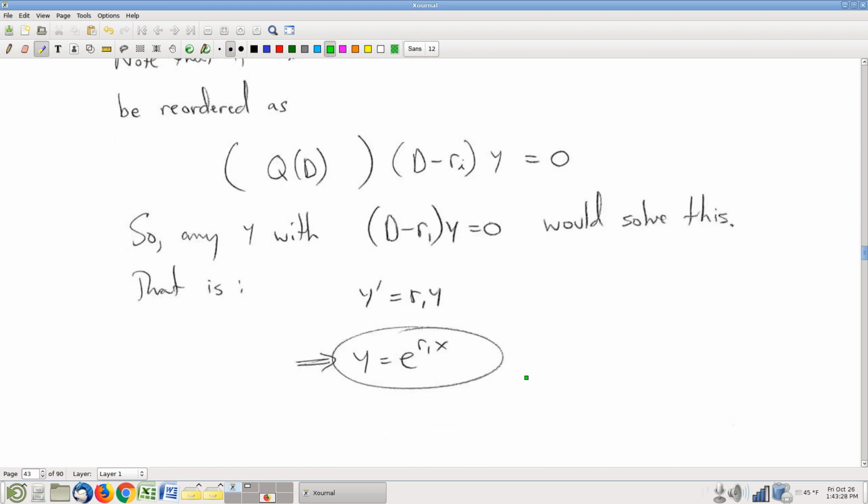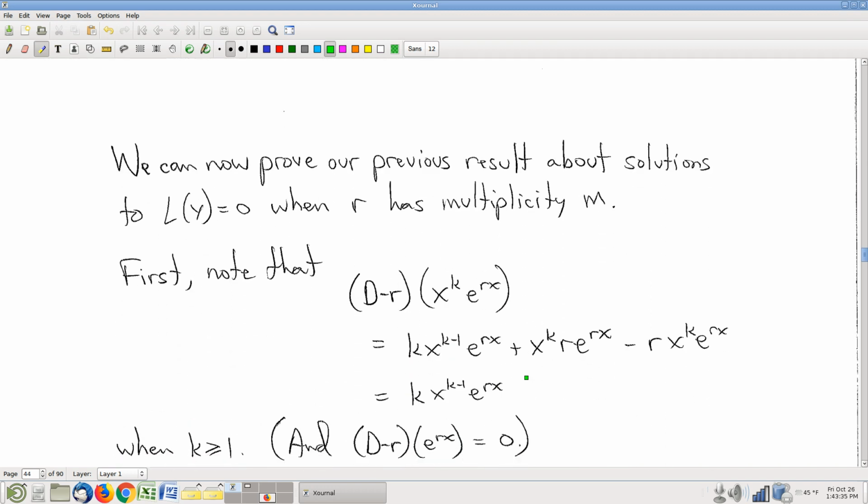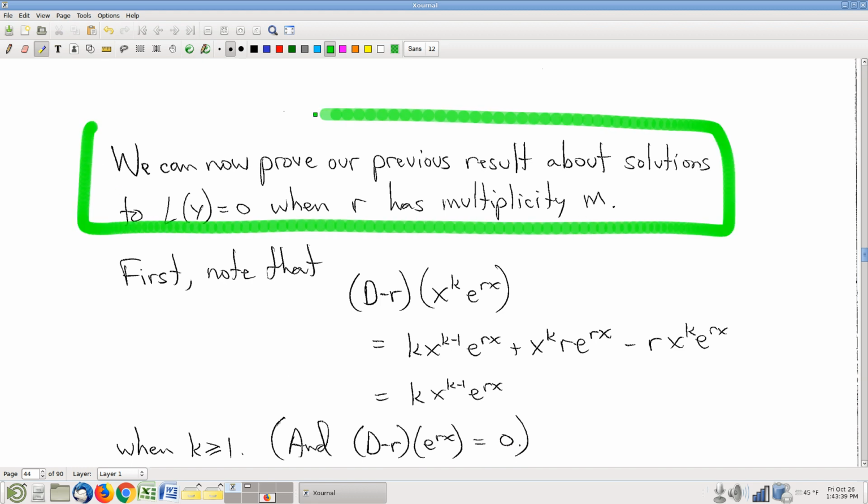It turns out there's another couple of really great conclusions that we're going to be able to get with this algebra of linear transformations. So I'm going to start off with a quick observation. Oh, by the way, just to let you know where we're going, you may recall a long time ago, I asserted what happens to the solutions to the differential equation when you have a root with a multiplicity.